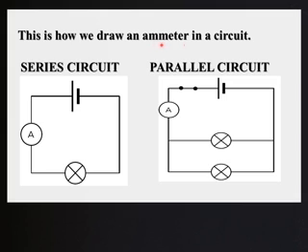This is how we draw an ammeter in a circuit. Here in the series circuit, look at this, that is the ammeter, and in the parallel circuit here we use an ammeter. So that is the way we draw an ammeter in a circuit.